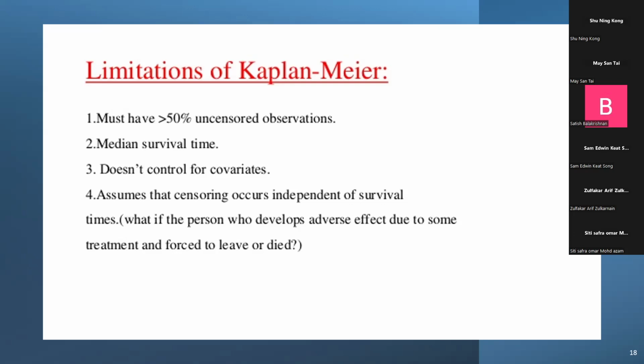It's just overall survival like that. We also assume the censoring occurs independently from survival time. If a patient develops an adverse effect due to the treatment, or is forced to leave or dies, we cannot catch that. So for every analysis, we need to have certain conditions.